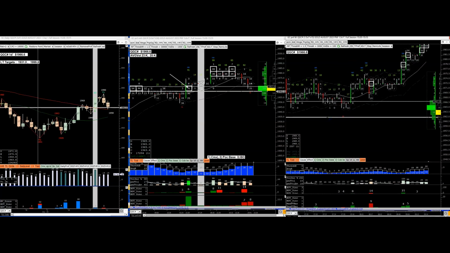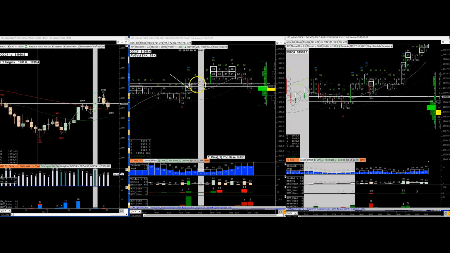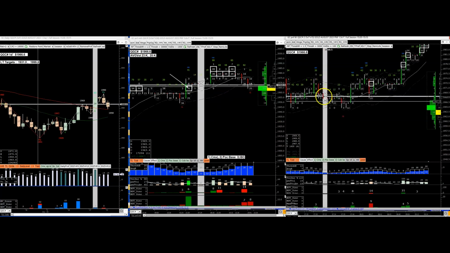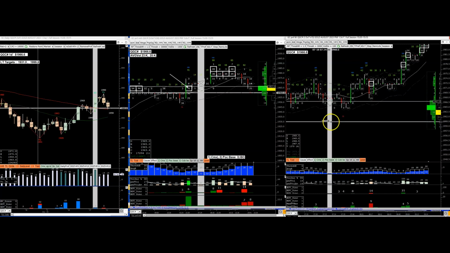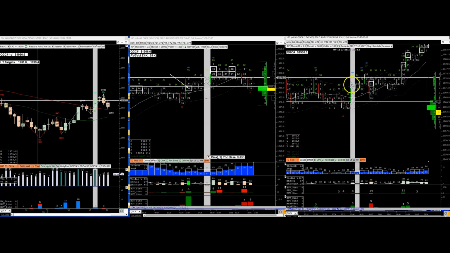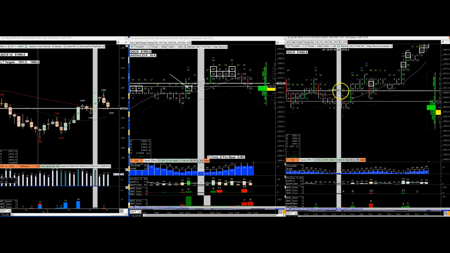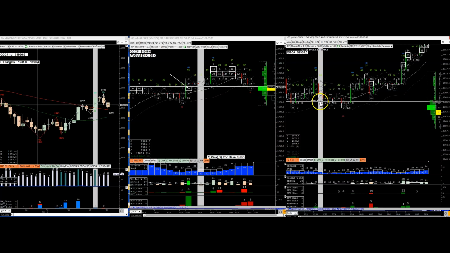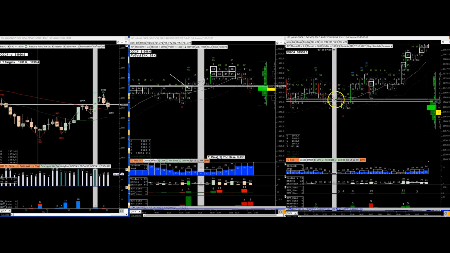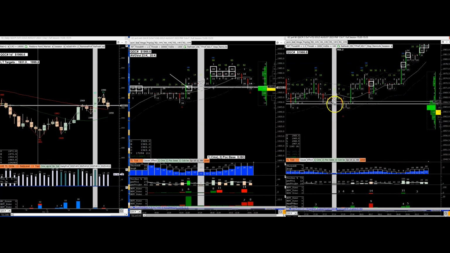I don't like this base particularly because there's no high volume prints in it. But I know that when it goes here, this is where it's supposed to base out and reaccumulate. At least the likelihood is quite high. All right. And when I have these higher high signals, and at least I have a base formation and a break, and that break has a high volume up here, 13 and 20, I would definitely prefer that it has a high volume in the base, but that just didn't happen.